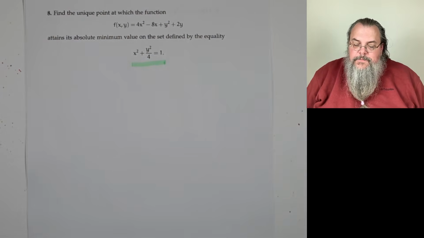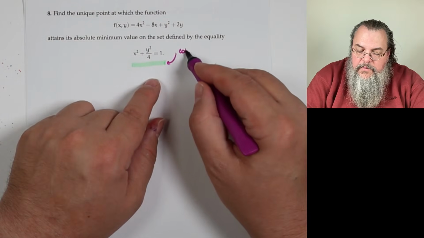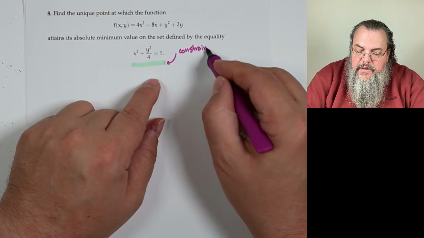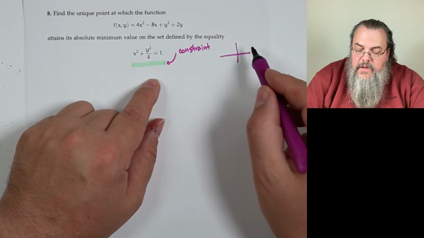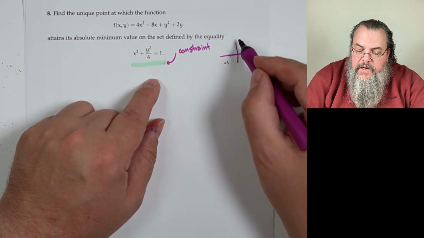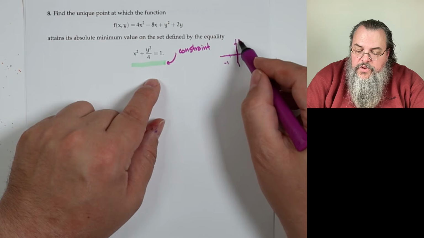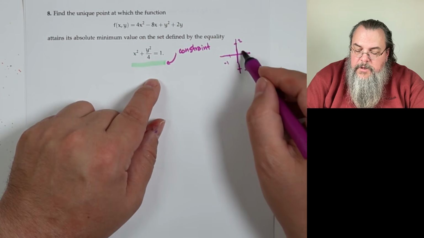And if you're familiar with this constraint, this is actually not a very bad shape. In fact, it's an ellipse. It goes 1 in the x direction and 2 in the y direction.